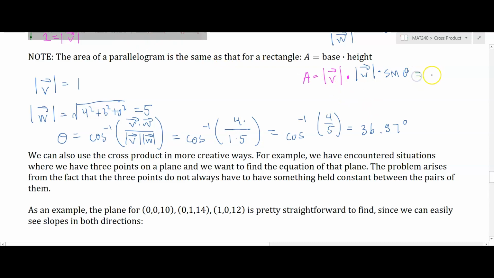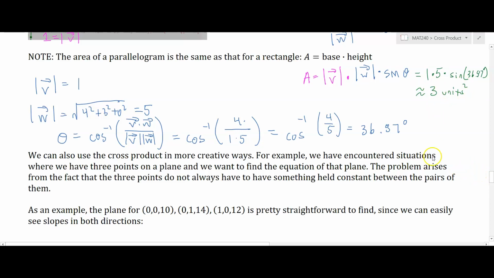Now to find the area, I have to plug those things back into this formula. I have to take the magnitude of v, which is 1, times the magnitude of w, which is 5, times the sine of 36.87 degrees, and that comes out to approximately 3 square units.